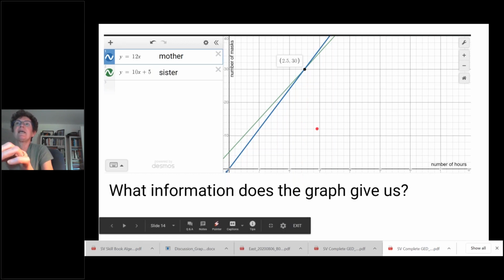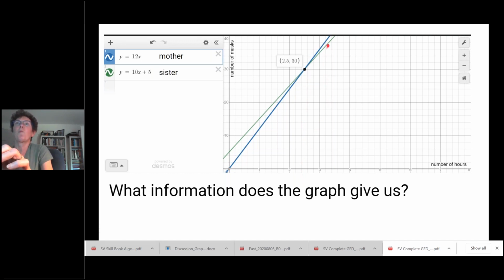So if we could say, by what time have they both made 40 masks? Here's the total number of masks, 40. And my mother would have been at 3 and 1/3, and my sister at 3 1/2.